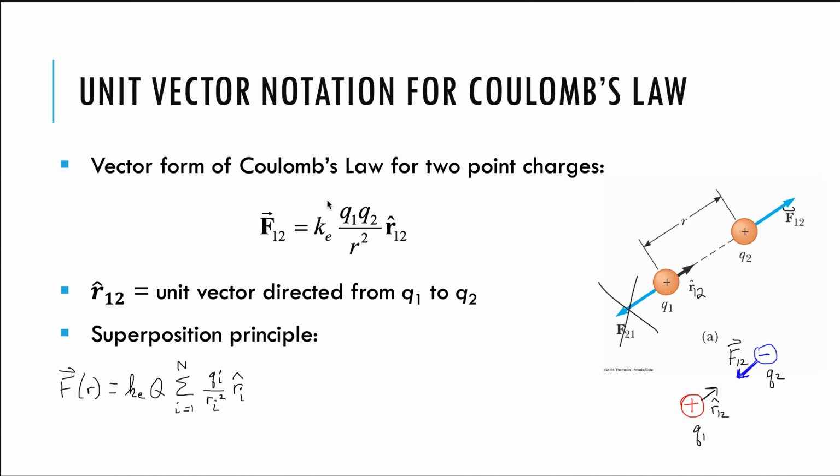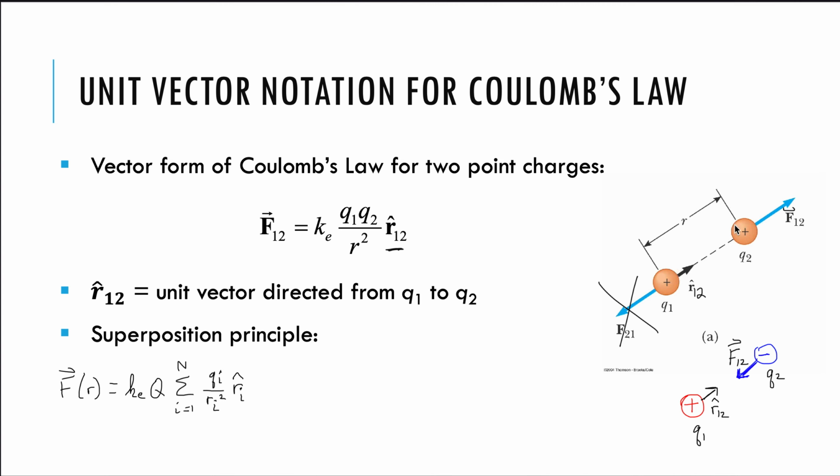So the force is given by Coulomb's constant times the product of the two charges divided by the distance squared between them. And then the purpose of the vector notation is that we have a direction for this force, which is specified with the unit vector r hat. So r hat is a unit vector, in this case directed from Q1 towards Q2.